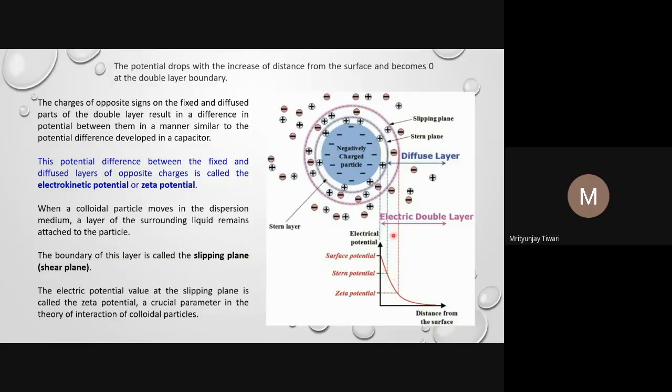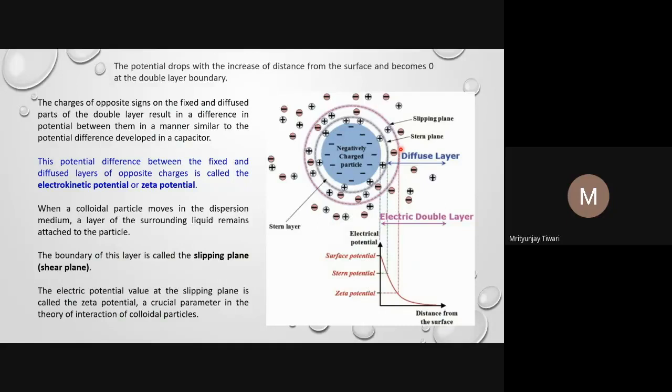One can also understand the zeta potential in terms of the formation of a capacitor. There is a net charge across these two layers, and one can consider the fixed layer with the particle as one plate, and the diffuse layer as another plate. Thus there are two plates with different electric charges, which will have a difference in electric potential.